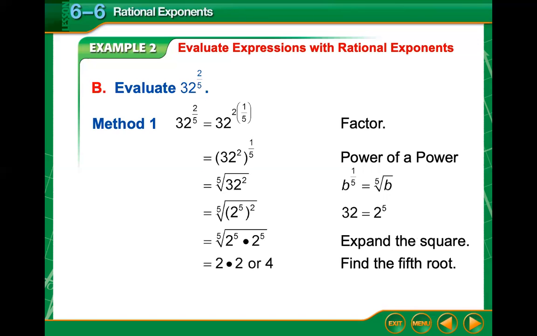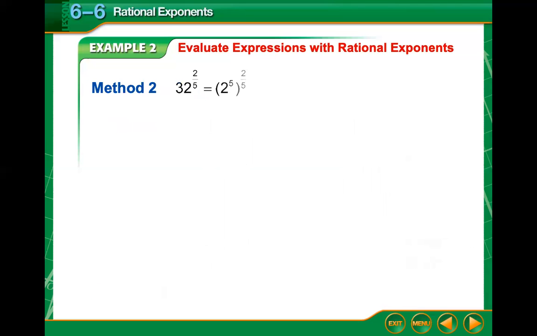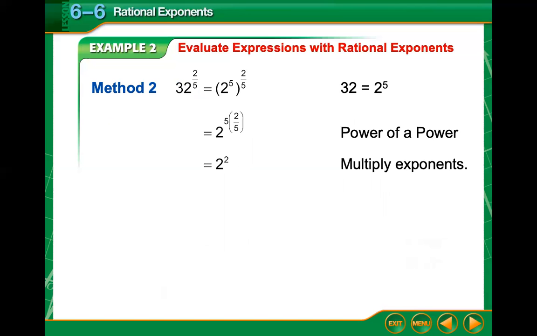And so they get 4. To be honest, I probably would not use that method. Here's another option: rewriting it as 2 to the 5th, to the 2/5. Power of a power, and we get 2 squared, which is just 4.